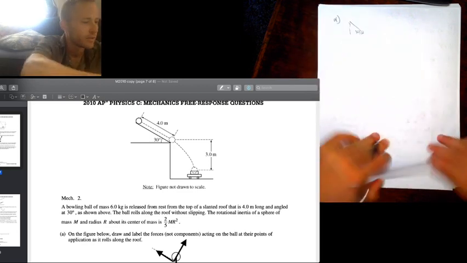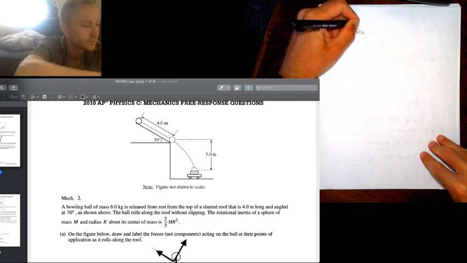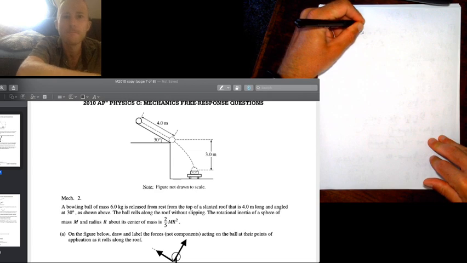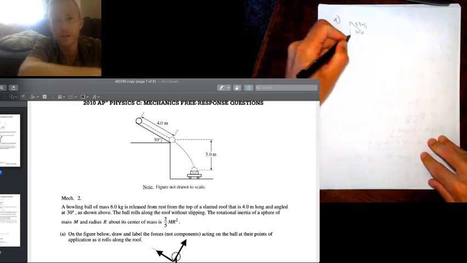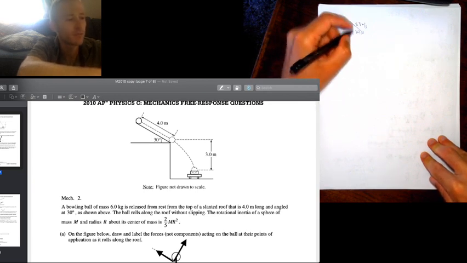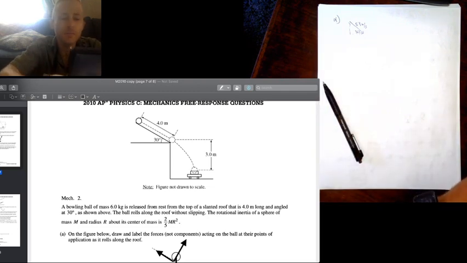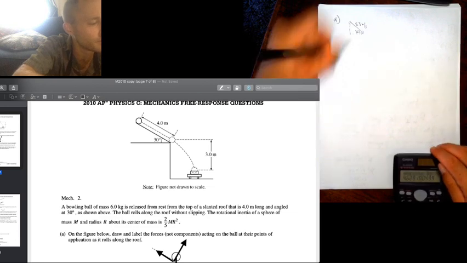And the speed is 5.3 meters per second. So the horizontal speed of the bowling ball is going to be 5.3 cosine of 30. That's 4.63.